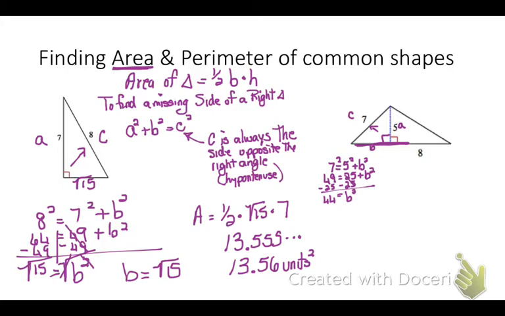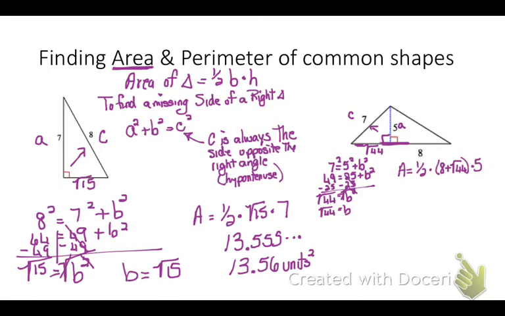Now to get rid of my square, I am going to take the square root of both sides, and I get that b equals square root of 44. Again, I'm going to be lazy and just leave that as square root of 44. And then I can say in my formula, area equals 1/2 times the base.